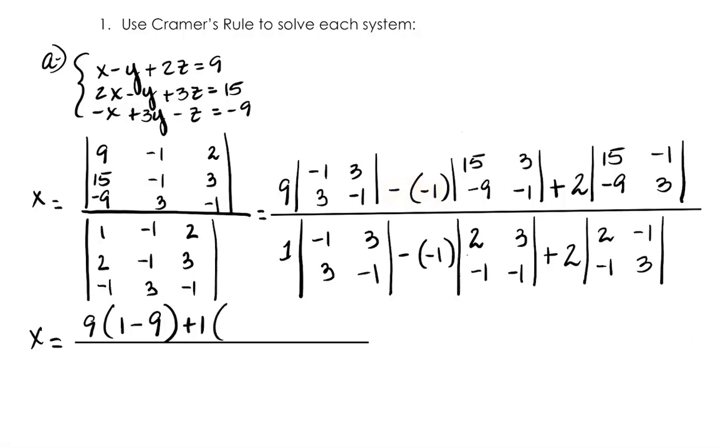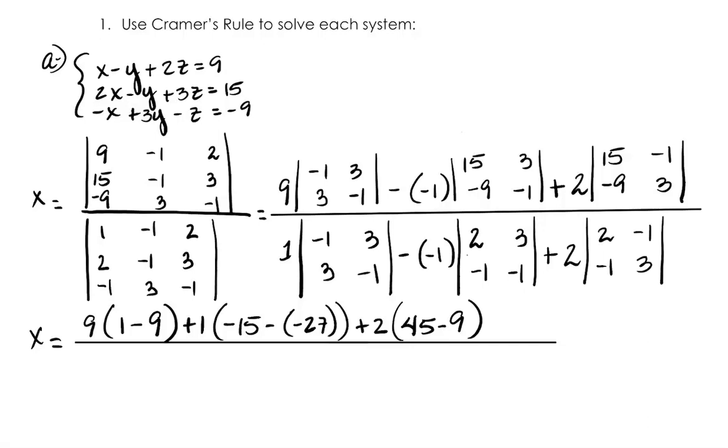That multiplies 15 times -1 is -15, minus -9 times 3 is -27, plus 2 that multiplies 15 times 3 equals 45, minus -9 times -1 is 9.